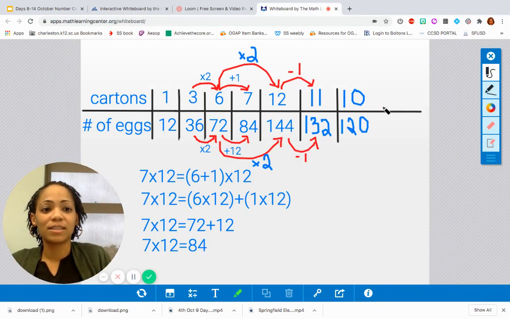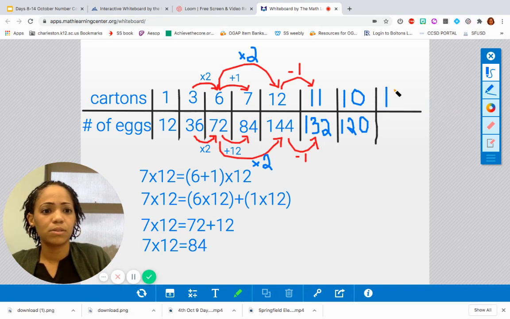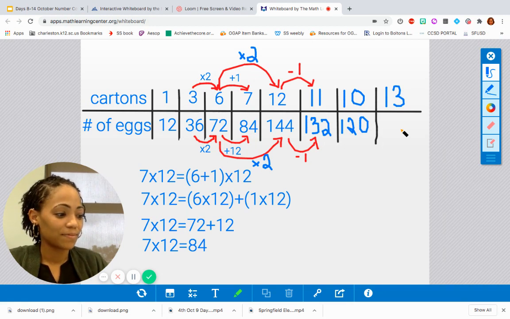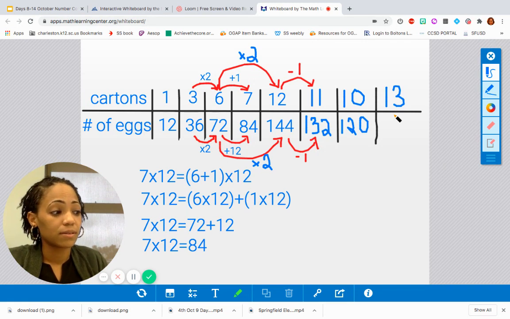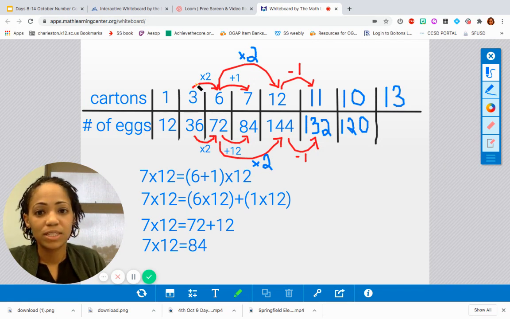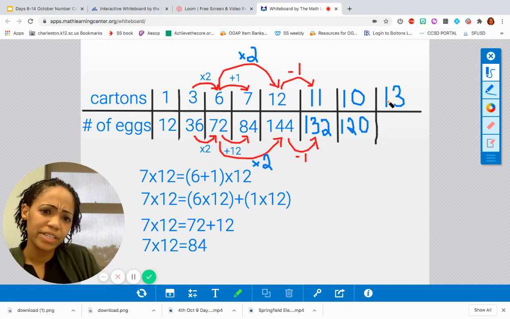I know we can solve it. Go ahead and see if you can figure out what you would do to solve 13 times 12. We want to use some already solved combinations here to help us solve other problems. Okay? So we doubled earlier. We doubled one factor, we doubled the other. We doubled the product. So now we're going from 13. What number might we want to use?